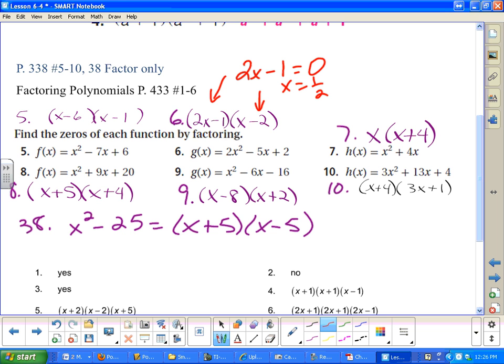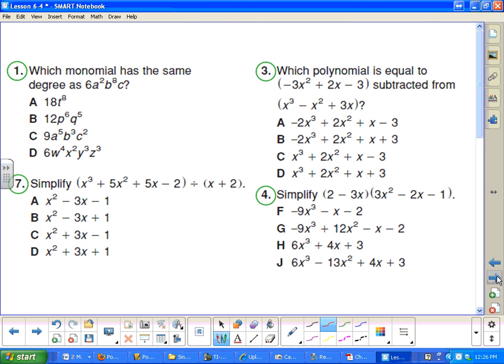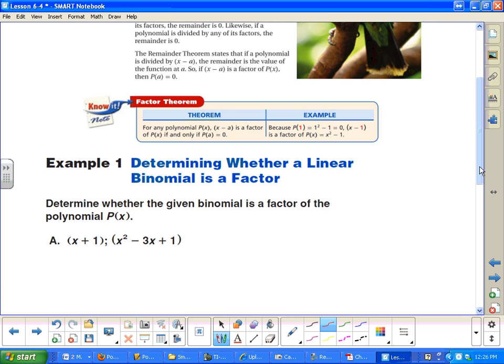So the factor theorem says that if I have the factor x minus a, when I put a in for x, I should get 0. That's basically what the factor theorem says. So if you look at the graph, if it equals 0, then it's going to cross the x-axis at that point.